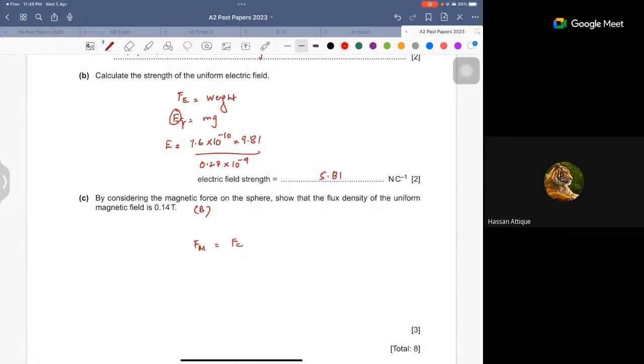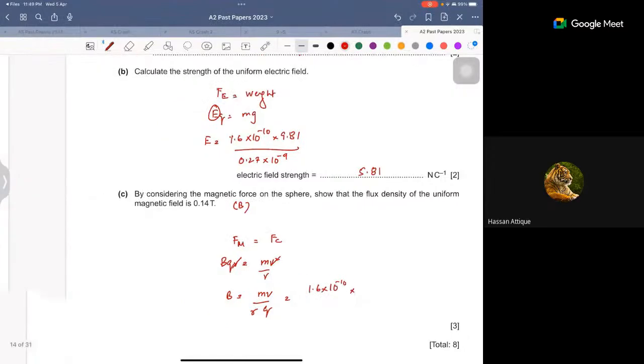We have already written that as well. So BQV equals mv squared over r. You can cancel this. You can also use r equals mv over BQ. You already know this. So we need B, so we'll rearrange it. The mass was 1.6 times 10 to the minus 10. The velocity, we don't know the velocity. That's not fair.